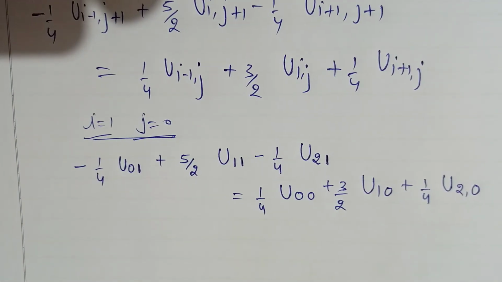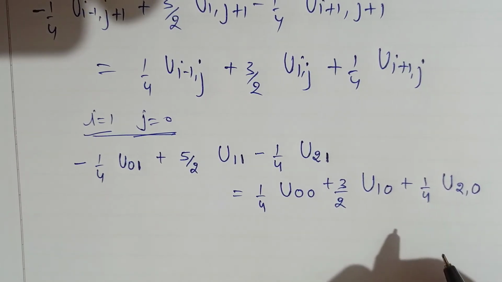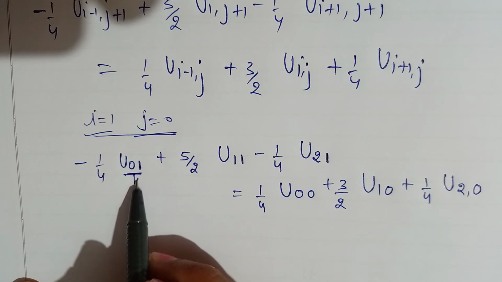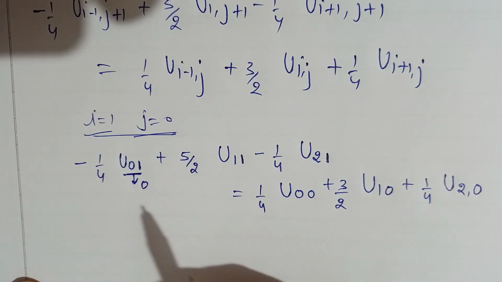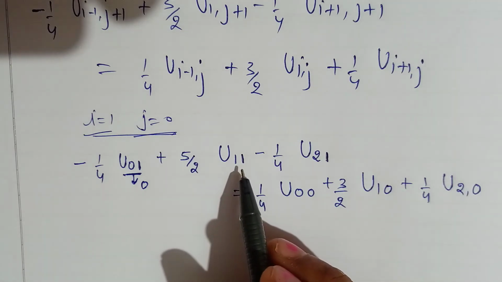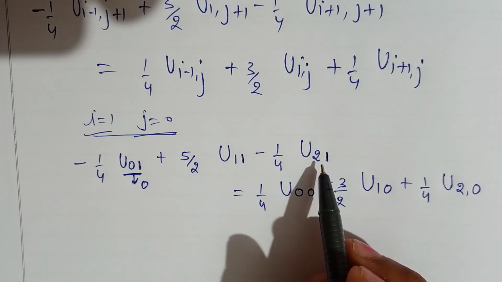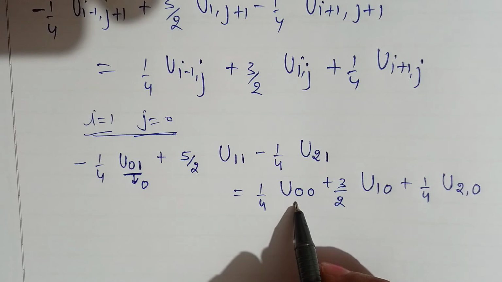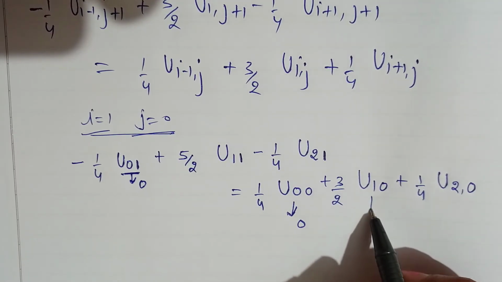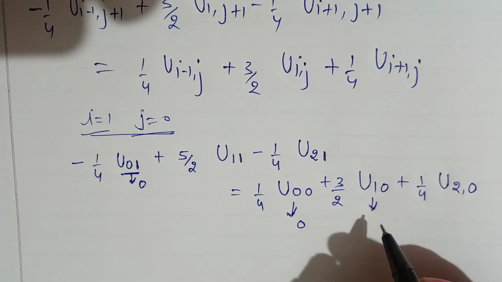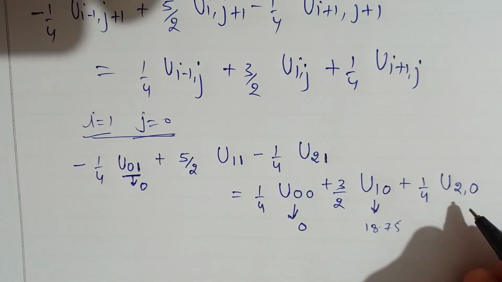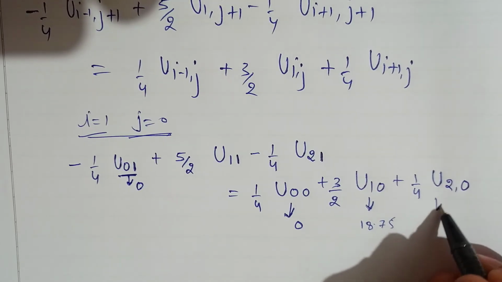Now if you see the boundary conditions, u01 is 0, and u0,0 is 0. u11 and u21 are unknown, u10 we have 18.75, and u20 we have 25.